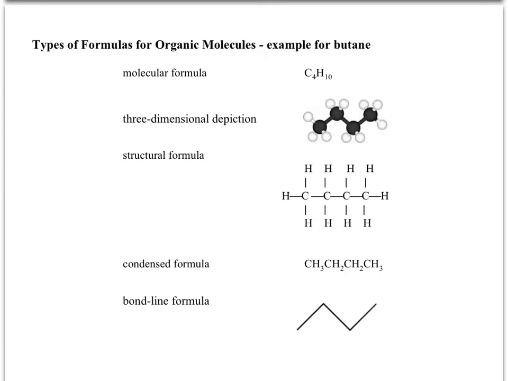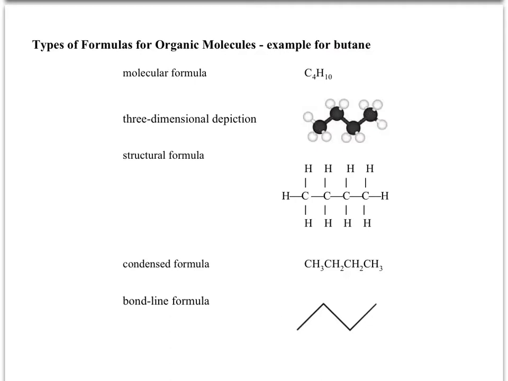Next, I gave you this three-dimensional depiction. Lots of times when you see molecular models, you see this kind of thing. The black is going to be the carbon backbone, the 4 carbons, and then the whites, you can count, there should be 10 there for the hydrogens.